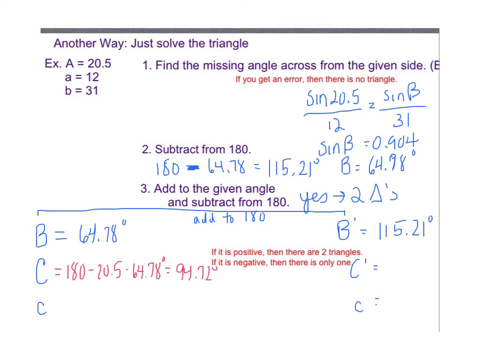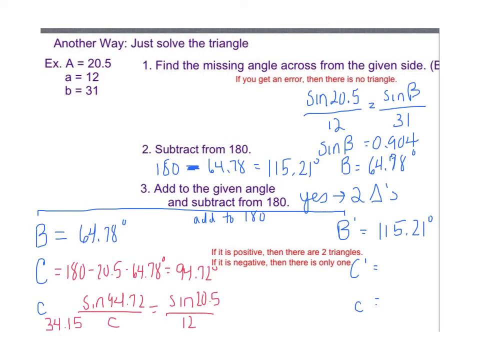I have it worked out over here. All right, and then to find C, I'm going to take the sine of 94.72 over C equals the sine of 20.5 over 12. And so for C, I'm going to get 34.15.